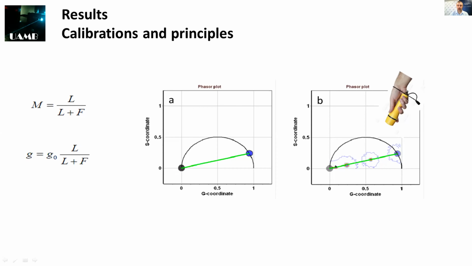So if we do that and we calibrate our system, so how much is this step, how much is this step, how much is this step, and then we place everything in our software, we can determine where the shift is and how we can calculate the absolute concentration of our system.